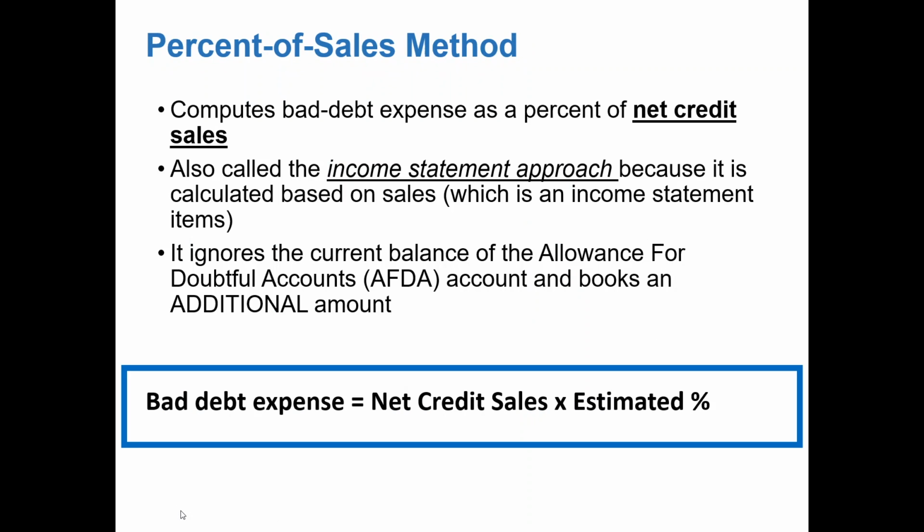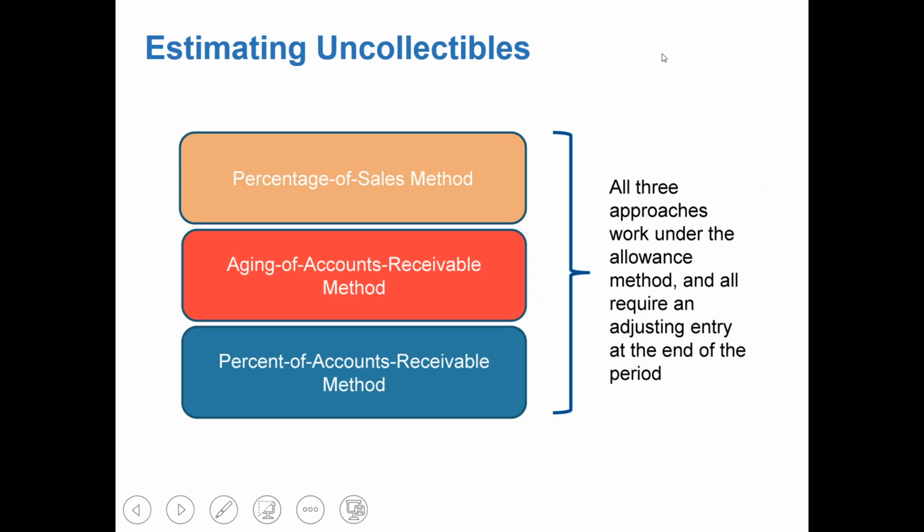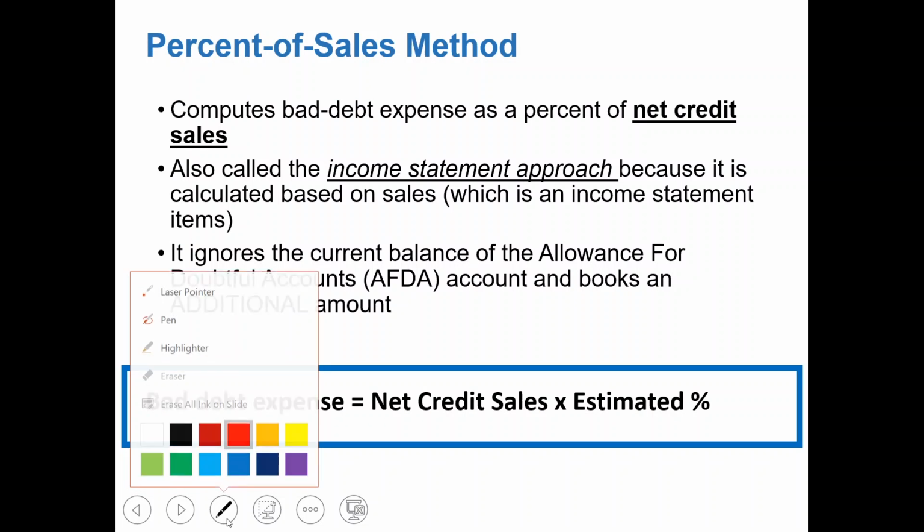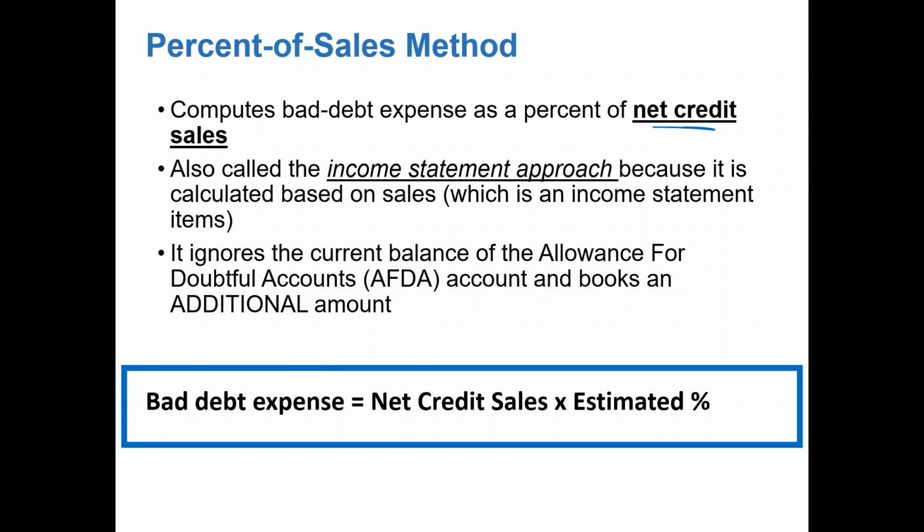So under this method, we compute or calculate bad debt expense as a percentage of net credit sales. And it's important to note here that we use net credit sales. So that means only those sales that were booked through AR. So not cash sales, just sales that were done on account.